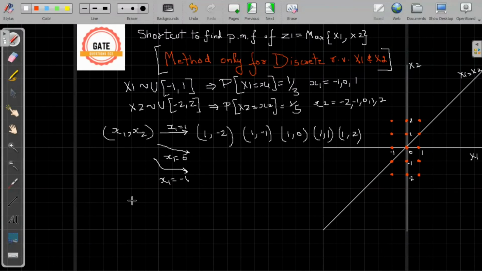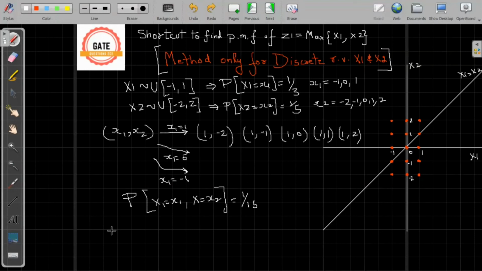Also we know that the joint Pmf, probability x1 is equal to small x1 and x2 is equal to small x2, since x1 and x2 are independent, is nothing but the product. So it will be 1 by 3 into 1 by 5. So it will be 1 by 15 for all these possible 15 points. So this is the joint Pmf of all these 15 points.